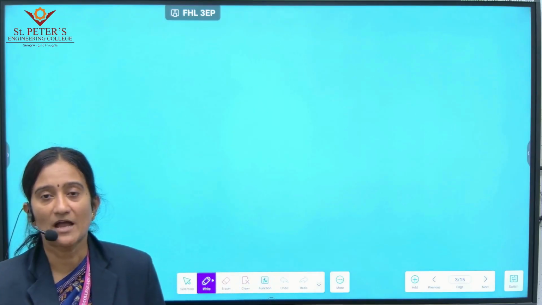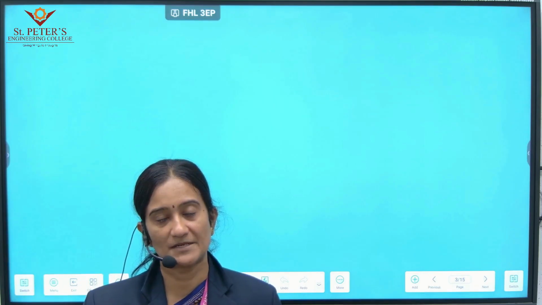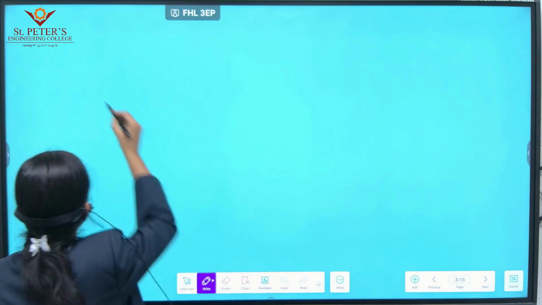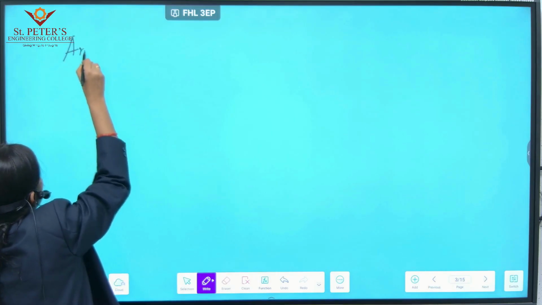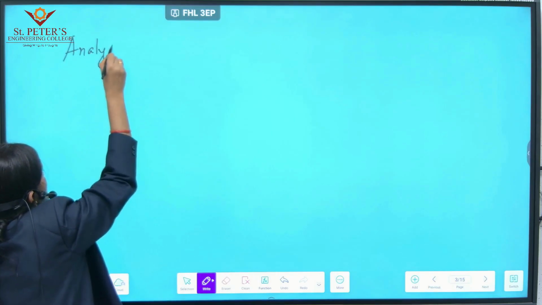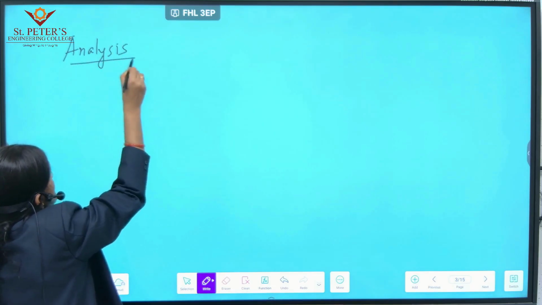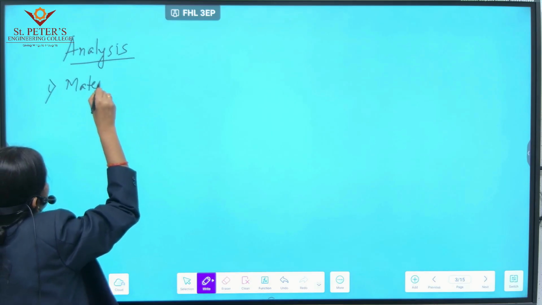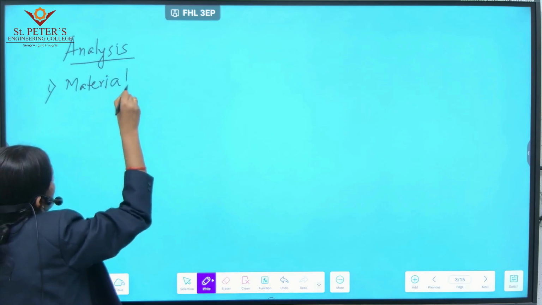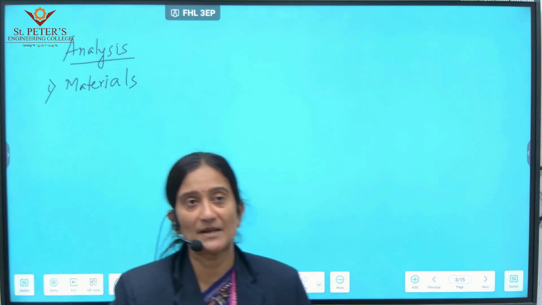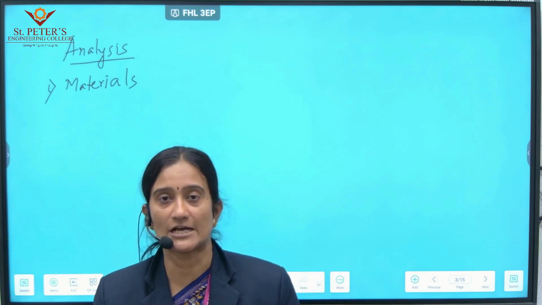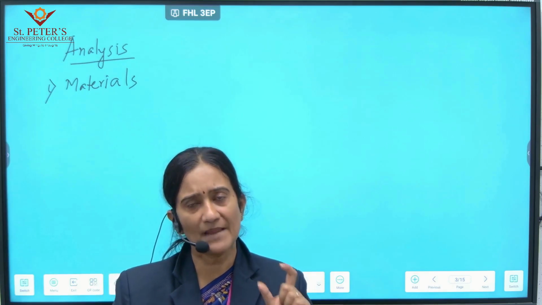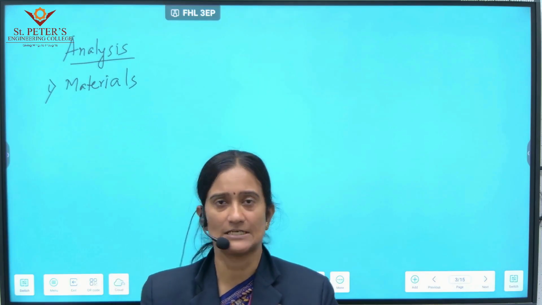Another part of designing or analyzing a singly reinforced beam is the materials. As it is reinforced cement concrete, concrete is the main part, then the steel.